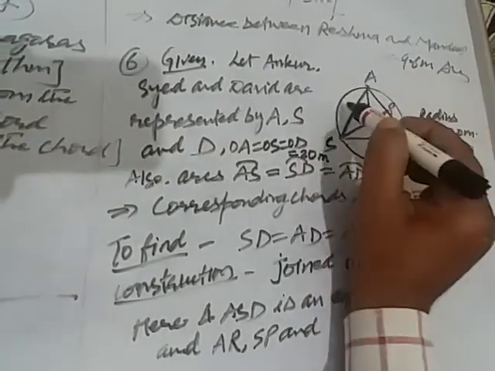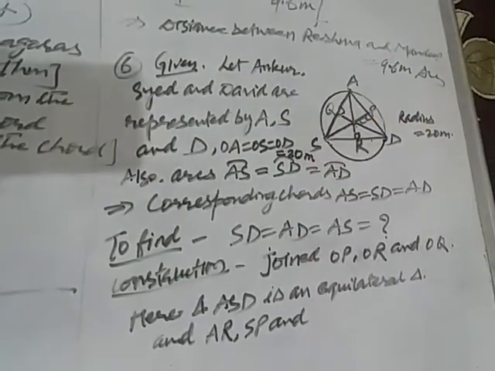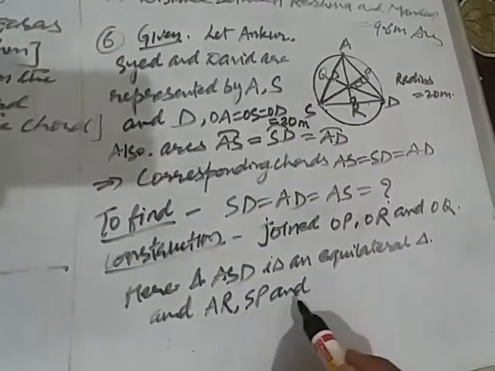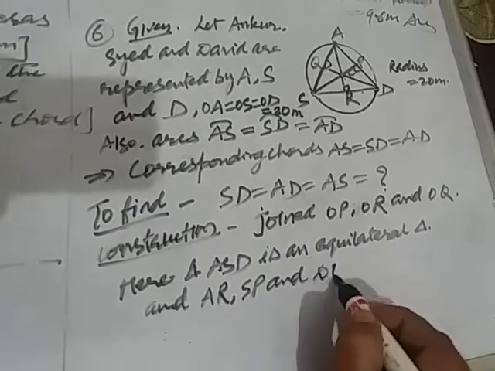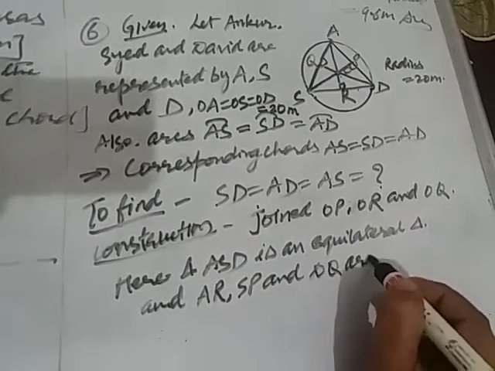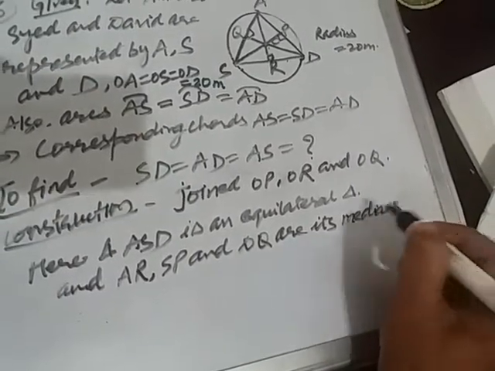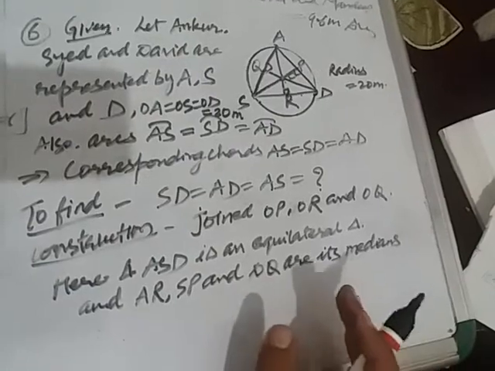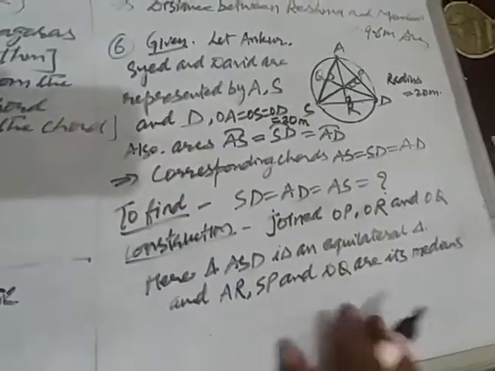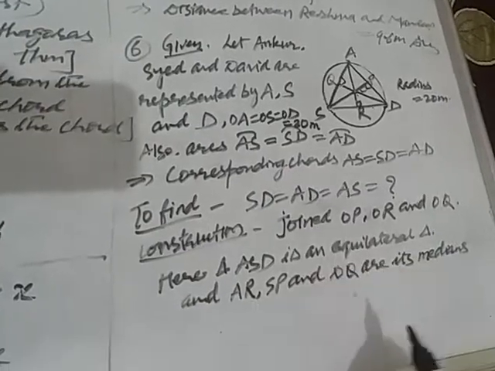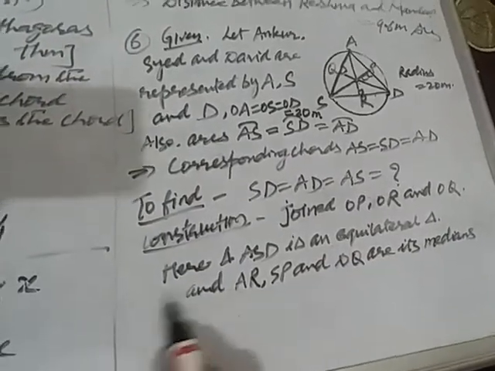Make it very clear, this is Q. AR, SP and DQ are its medians, okay children.